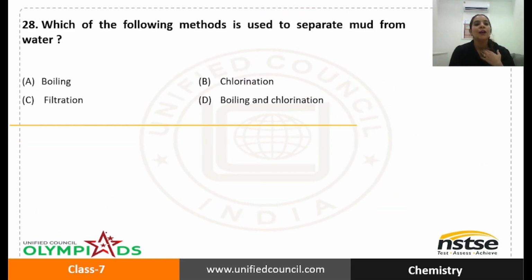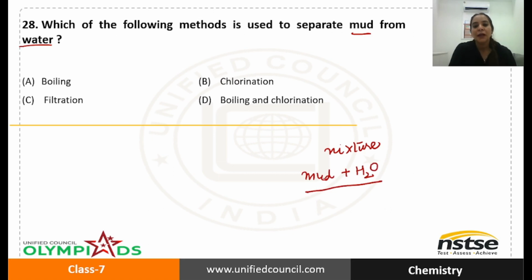Next question. Which of the following methods is used to separate mud from water? Now see, when you are mixing two things, what do you get? You get a mixture. Now, to separate mud and water, here we are making a mixture where we are adding mud to water.